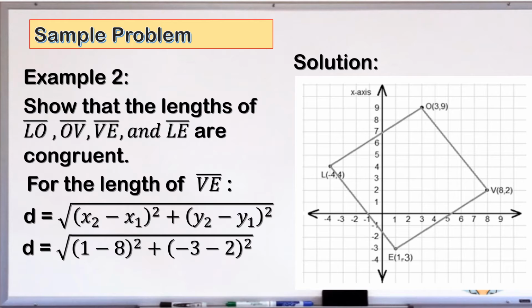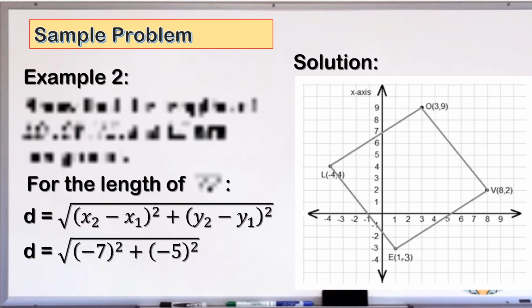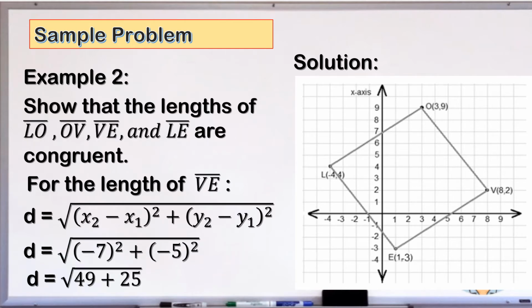So by substitution, we have the square root of the quantity of 1 minus 8 squared plus the quantity of negative 3 minus 2 squared, which is also equal to the square root of negative 7 squared plus negative 5 squared. Therefore, we have the square root of 49 plus 25, and that is also equal to the square root of 74. It means that the length of segment VE is also equal to the square root of 74 units.